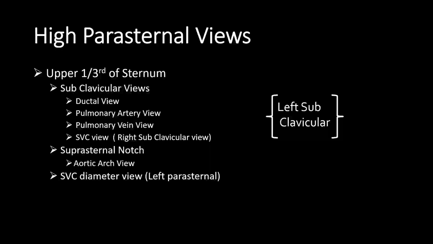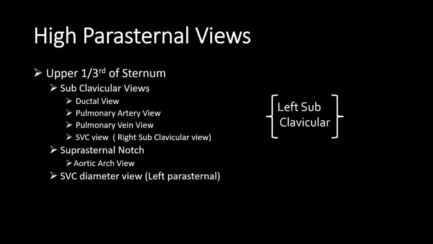And when from there we sweep the probe downwards towards the apex, we come to mitral valve or fish mouth view. And we sweep further down, we come down to papillary muscle view. And then we sweep further down towards the apex to look at which is the apex forming chamber. So these are the 4 sweeps in parasternal short axis view.